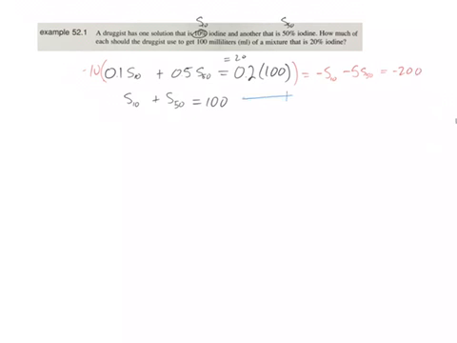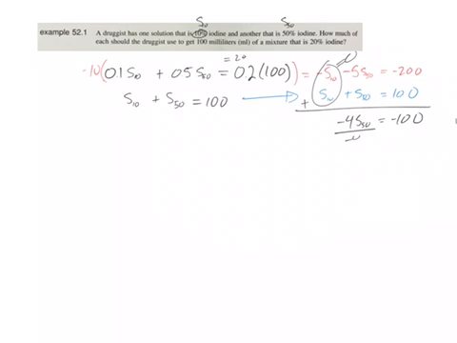Rewriting the other equation, S sub 10 plus S sub 50 is equal to 100. Whenever I add those, these two equal 0. This would be negative 4 S sub 50 is equal to negative 100.